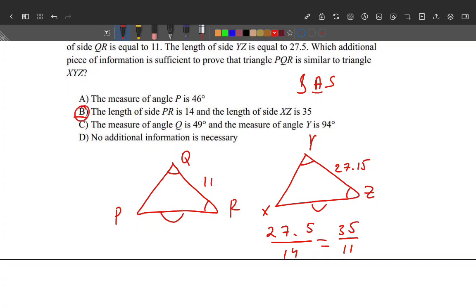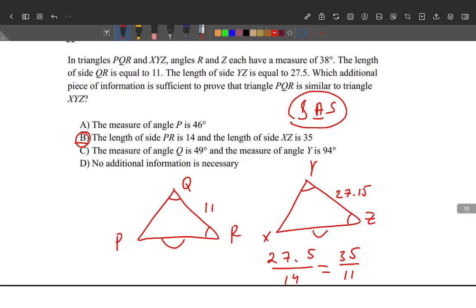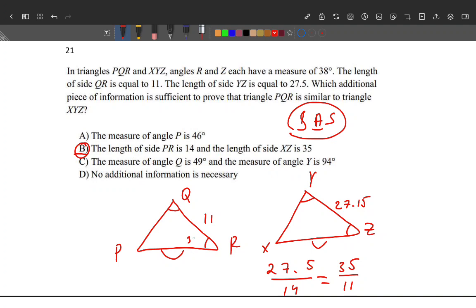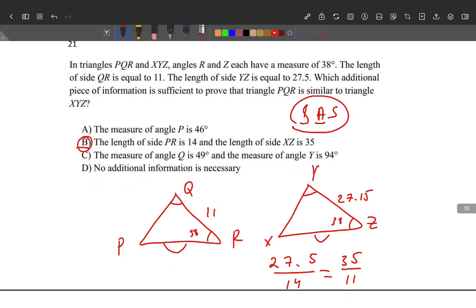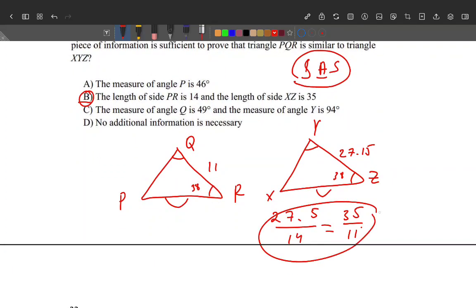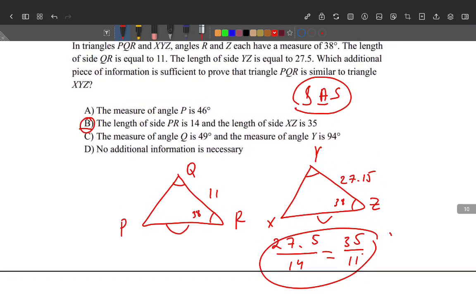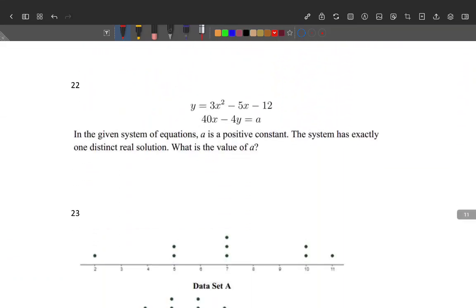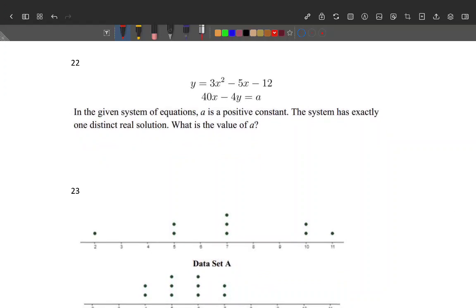For similarity of two triangles the ratio of two sides should be equal and the angle between them should be equal. In our situation it holds, and because of this we can conclude it is sufficient to prove that the triangles are similar.